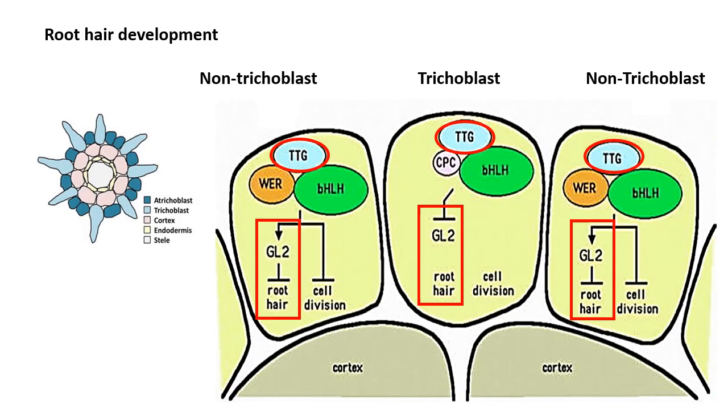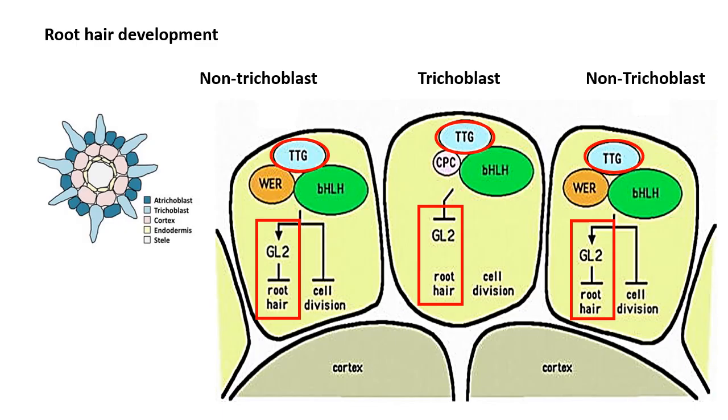If the GL2 protein is inhibited, the cell will ultimately form a root hair, and those cells are known as trichoblast cells. However, if TTG interacts with the WER protein, it ultimately regulates the formation of Glabra2 protein, and the Glabra2 protein is known to inhibit the formation of a root hair.